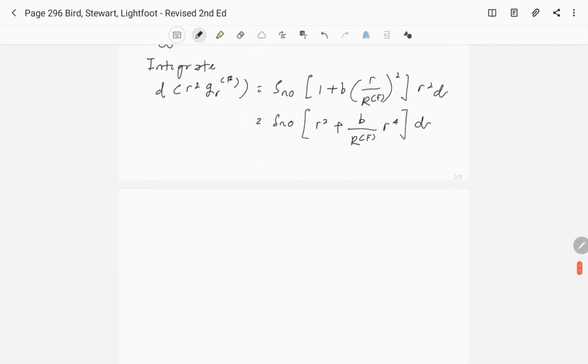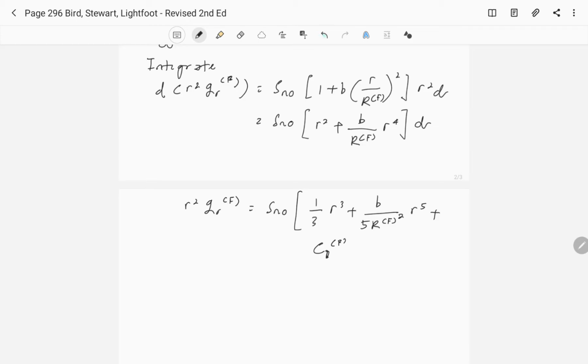Best to expand that term together, then now we can integrate this: r squared q_rf is equal to S_n naught (1/3 r raised to 3 plus b divided by 5 r_f squared r raised to 5) plus C1f.